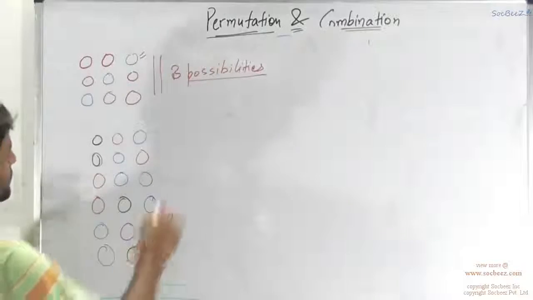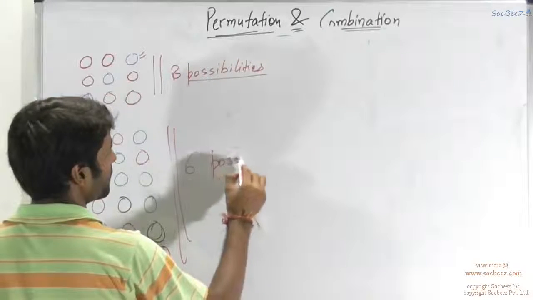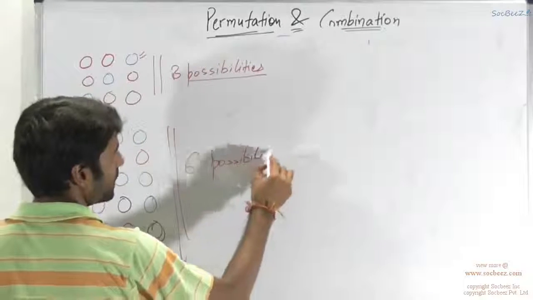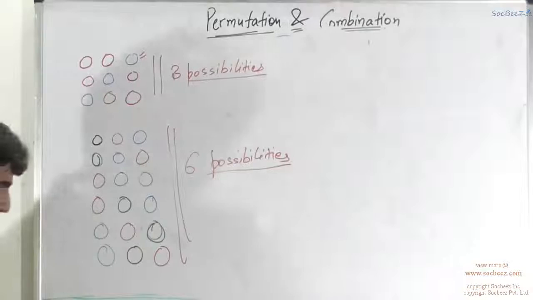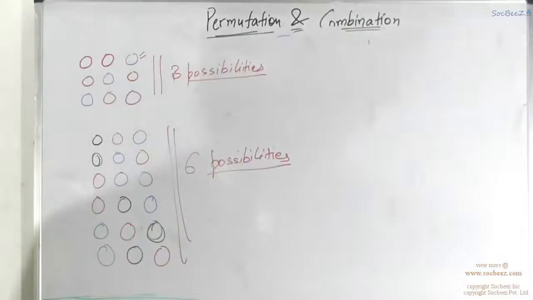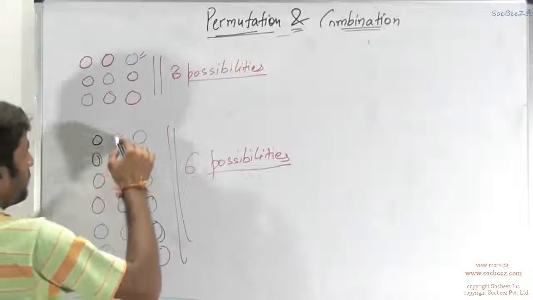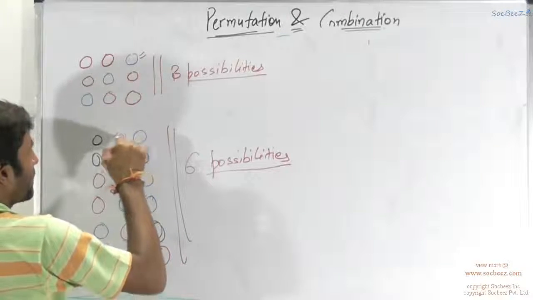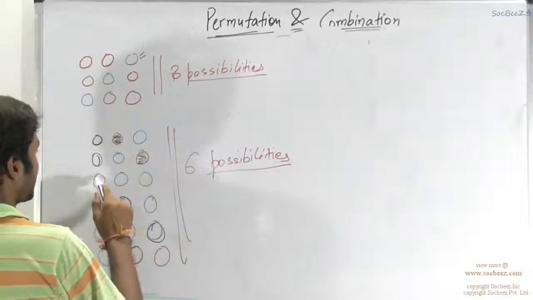These are the 6 ways in which you could have arranged this if all of these were of different colors. Now I say, let's make the red black. So I made all these red black.